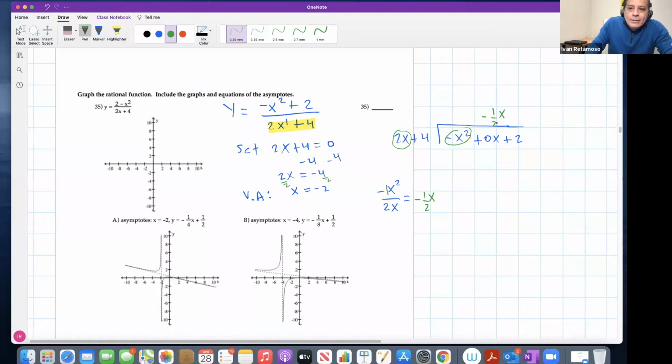And then you're supposed to multiply that by the divisor this way: 1/2 of x times 2x plus 4. What's that? 1/2 times 2, negative 1 here, so negative x squared. And here, negative 1/2 times 4, negative 2x, right?